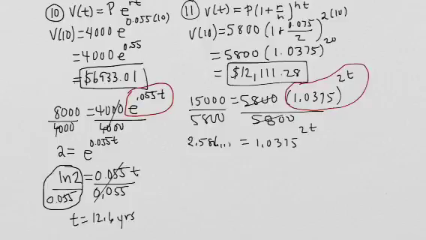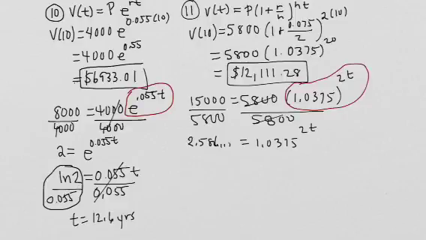So I need to use logs. I can convert this exponential into logs. Anytime you get in a bind where you need to solve for the exponent, and you've got the base isolated with the exponent on one side, just switch it over to log.